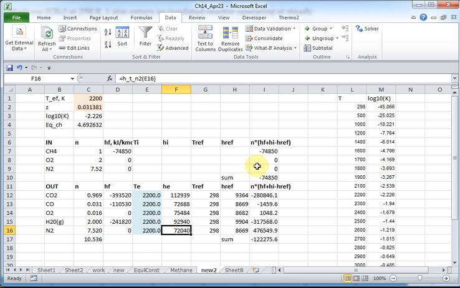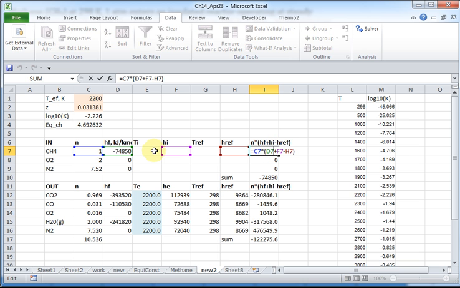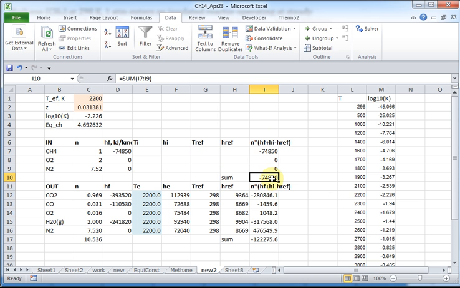So the sum happens over here where you have the product N times the enthalpy of formation plus enthalpy in minus enthalpy ref, which I just left blank because they're both at 298. And so this is the sum on all of the reactants coming in. The products, though, you do have to have the enthalpy exiting, and that's different than enthalpy reference.